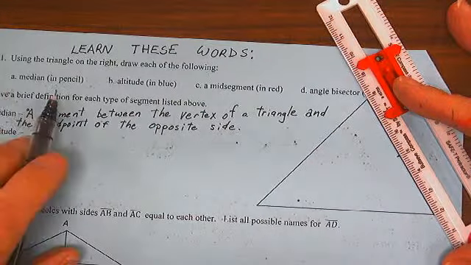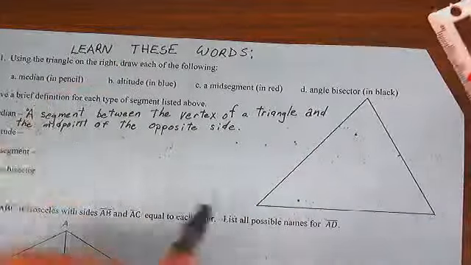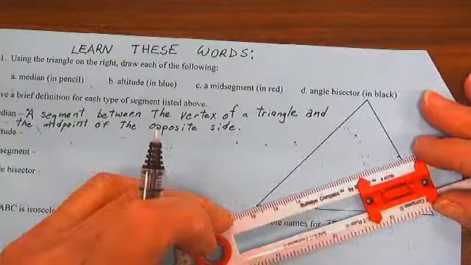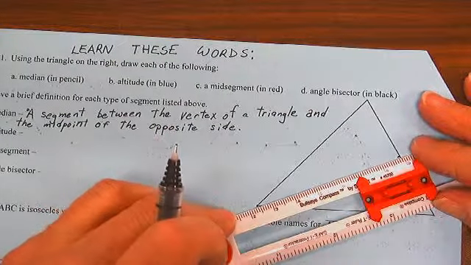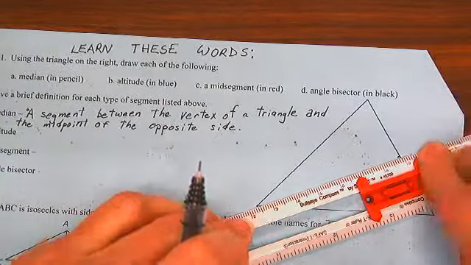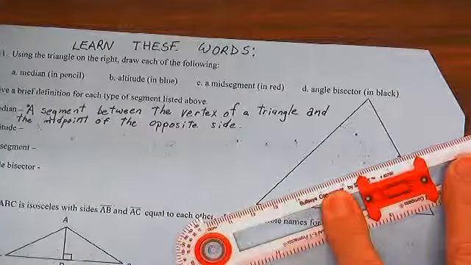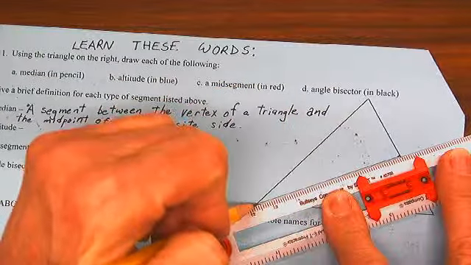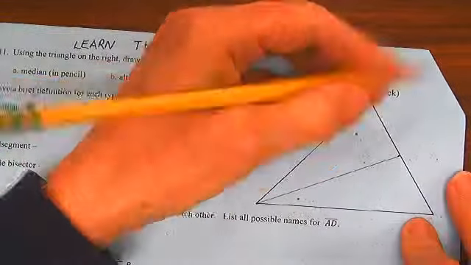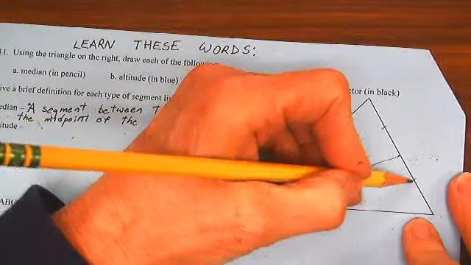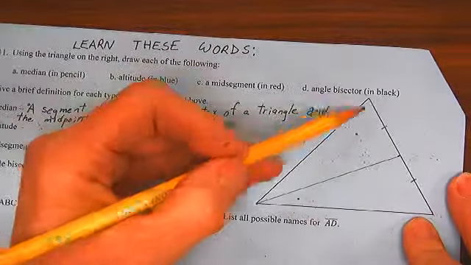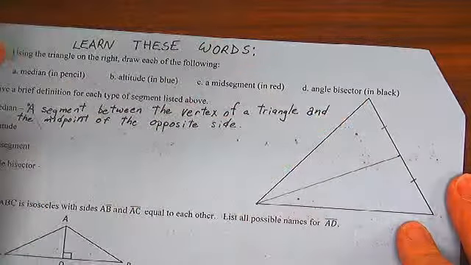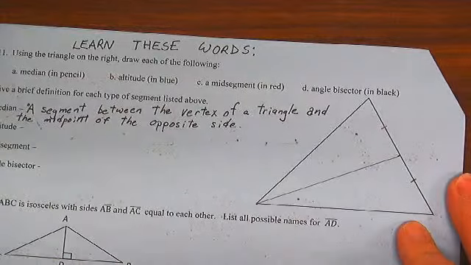So if I draw in pencil a median from this vertex to that midpoint, it is going to look like this. And if it is a midpoint, then I need to note that by showing this segment and this segment are congruent.